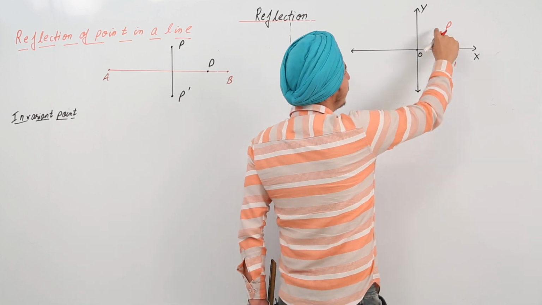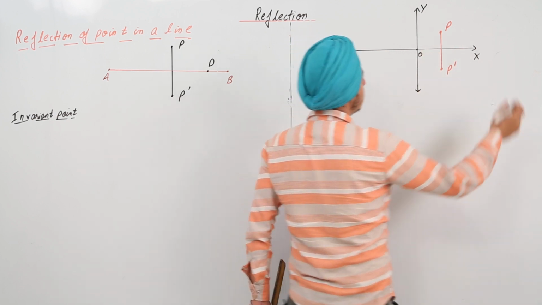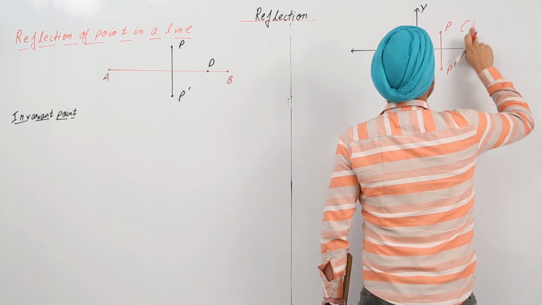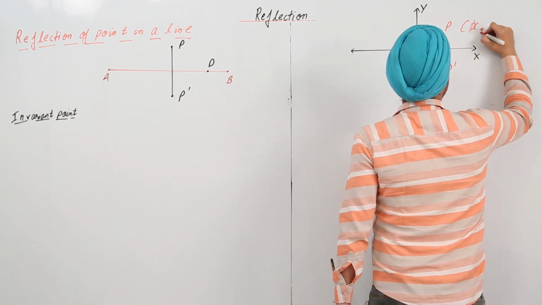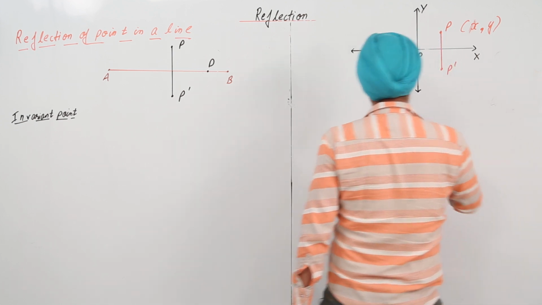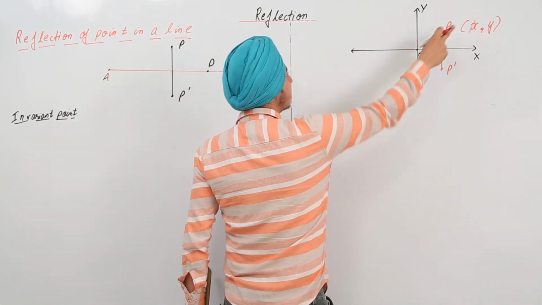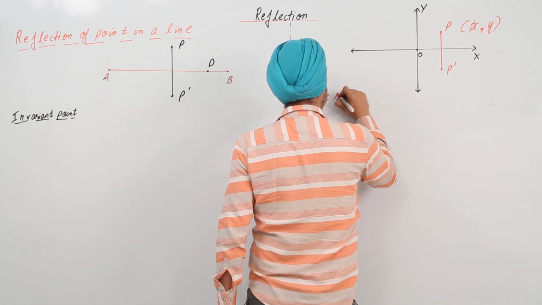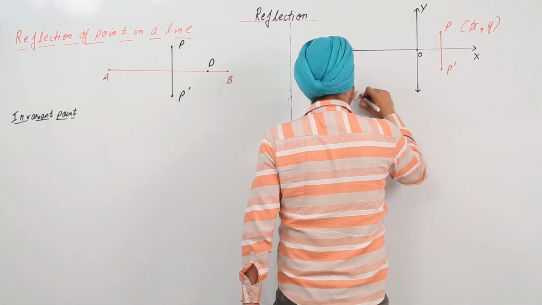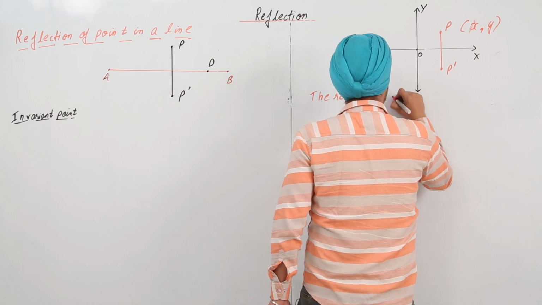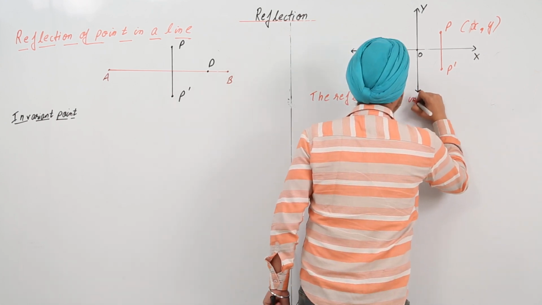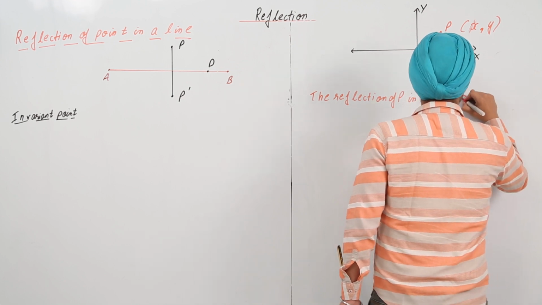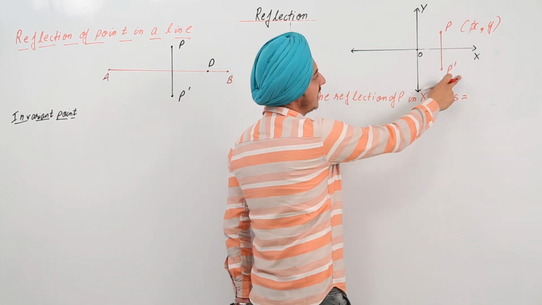Okay, so if the coordinates of this point are, let's say, small x comma small y, if P is small x comma small y, so the reflection of P in x-axis is equal to P dash.